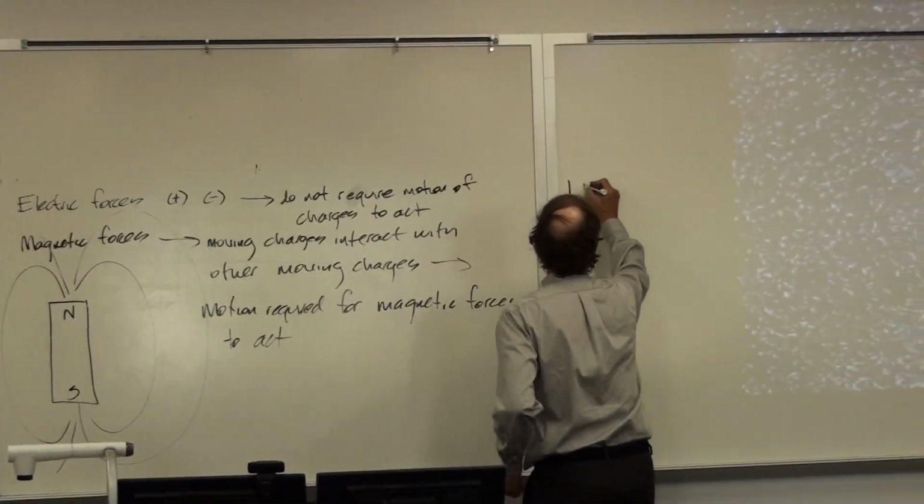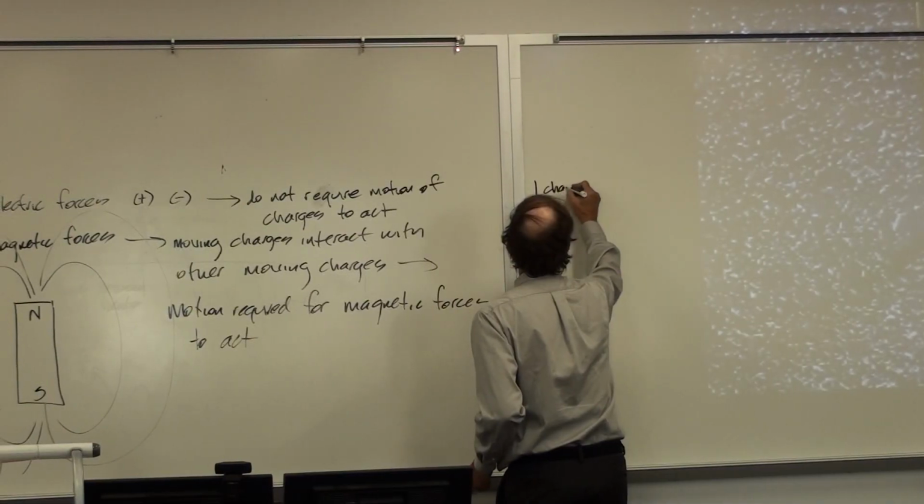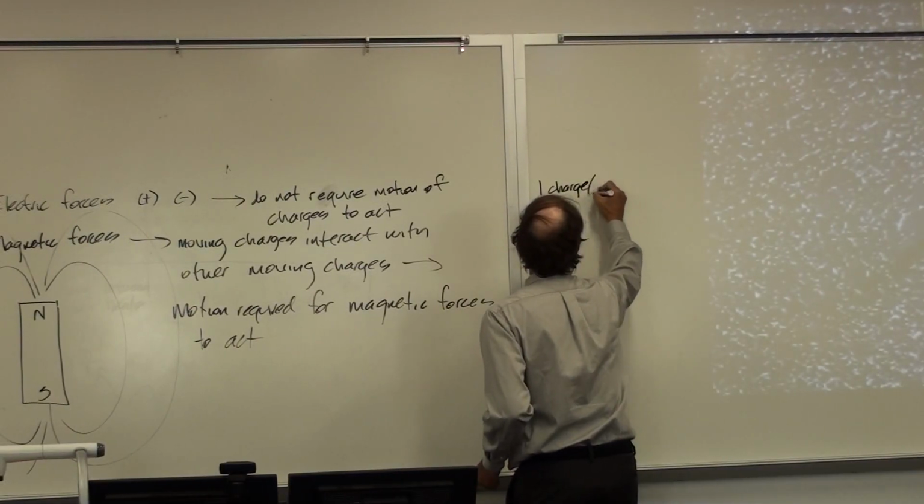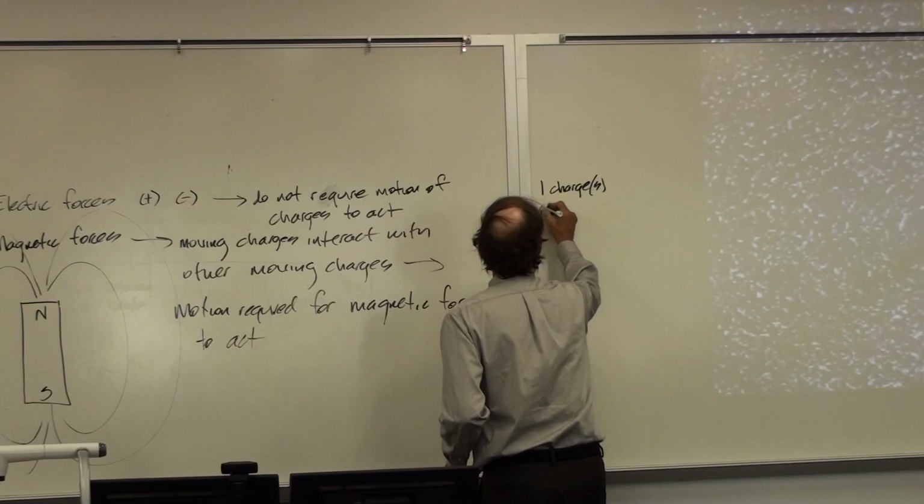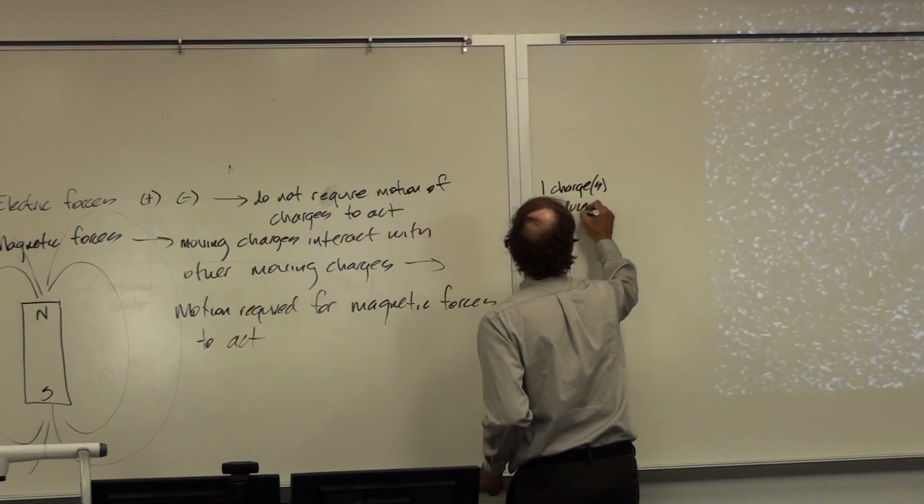So one charge, or charges, produces the magnetic field.